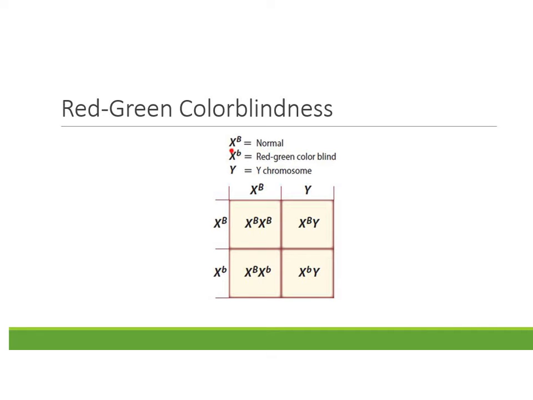Write this key down because we're going to use it again. X to the lowercase b means that you do have the gene for red-green color blindness. These traits are only on X chromosomes, so Y is just the normal Y chromosome. Nothing special about the Y chromosome.